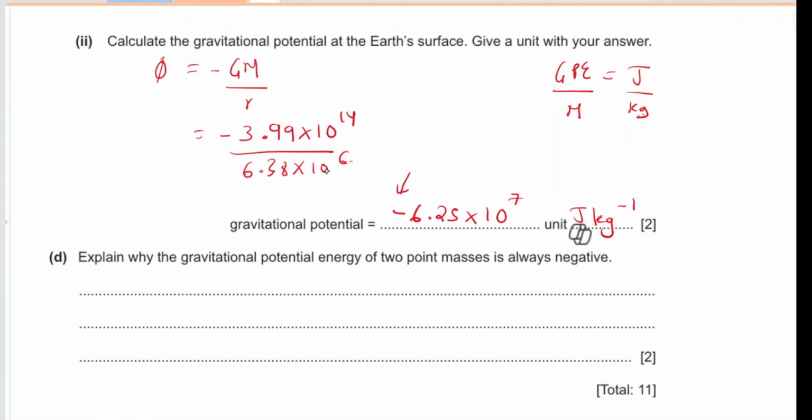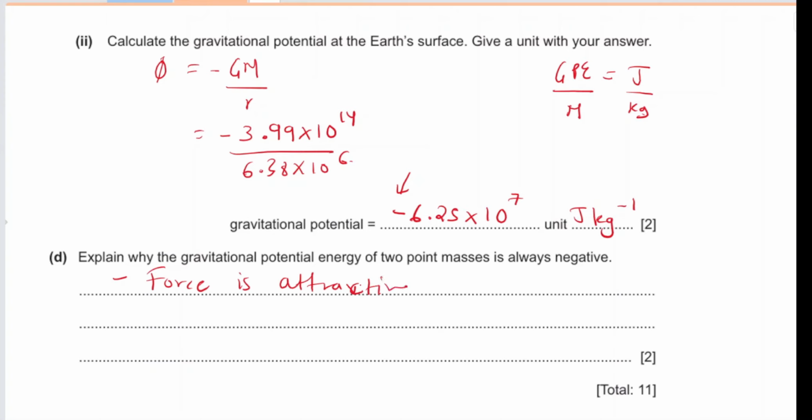Now they ask, explain why the GPE of 2 point masses is always negative. This comes back to the same concept again. We say that the force is attractive, right? And you have to do work to separate the 2 point masses.